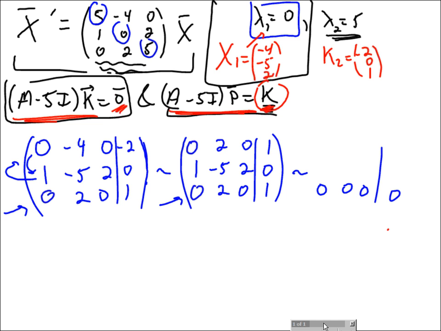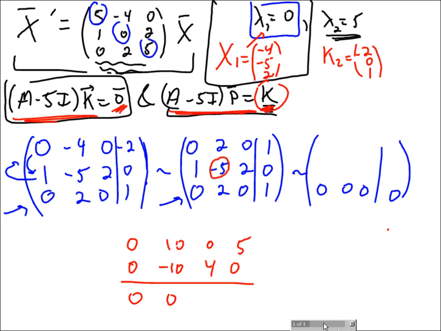I'll subtract, I'll get 0. Now, I want to get that to be a 0, and I'm going to use row 1. If I multiply row 1 by 5, I will get 0, 10, 0, 5. And if I multiply row 2 by 2, I'll get 0, negative 10, 4, 0.